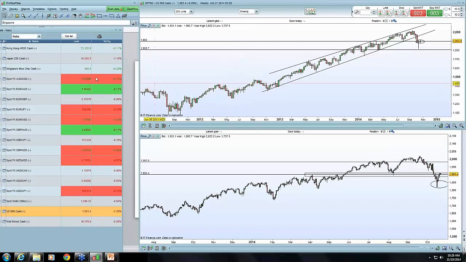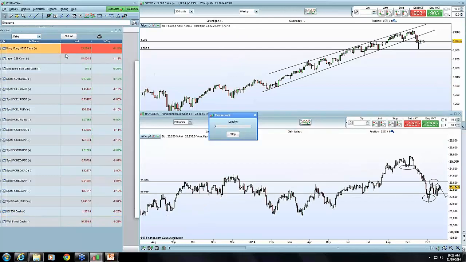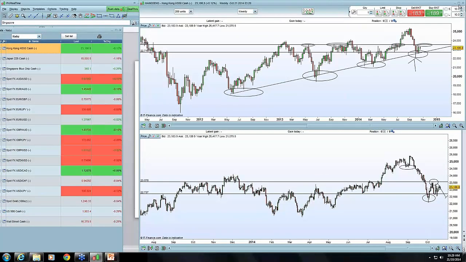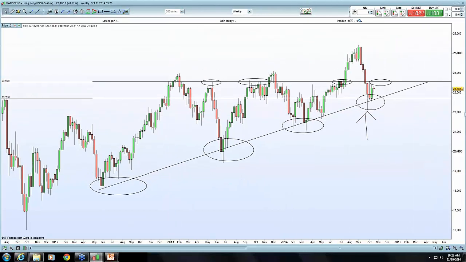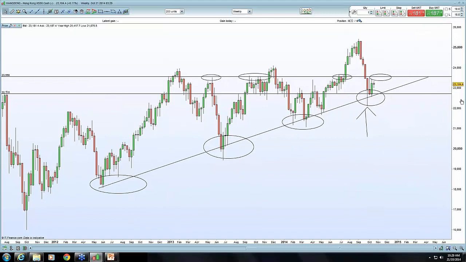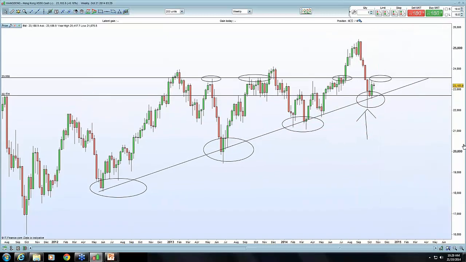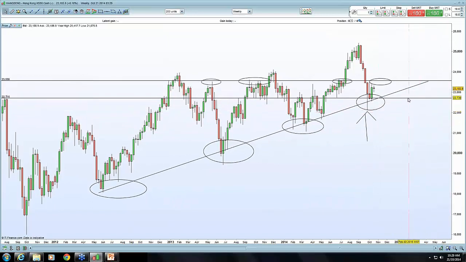Okay, Hang Seng. This is what I drew last week, same levels, exactly the same levels. I think the protest is still ongoing, and now they're having talks with CY Leong, so just be mindful of all this news coming into the fray. But again, if you're trading the Hang Seng Index, these two levels are very key, around 22,700 and around 23,600.